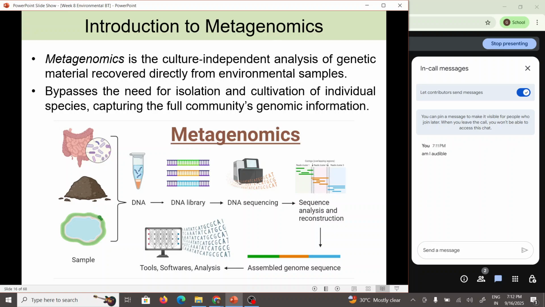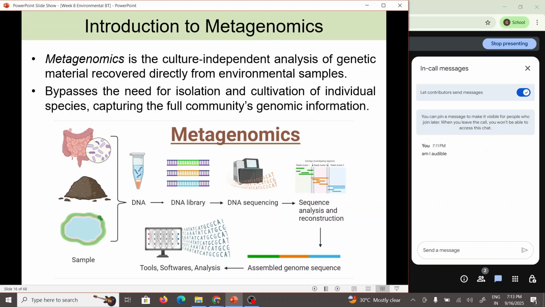So, let's say I have to analyze a water sample or a soil sample. That I call my environmental sample. I am going to collect some soil, a representative that I collect is called my sample.